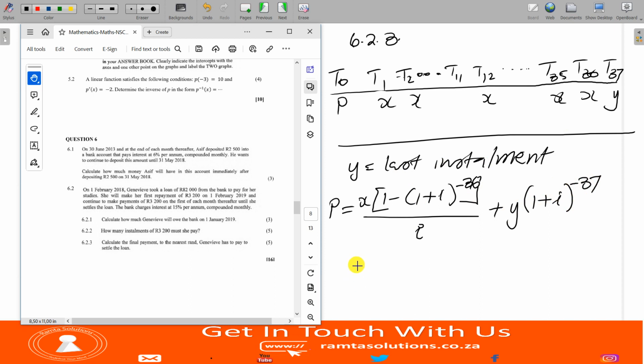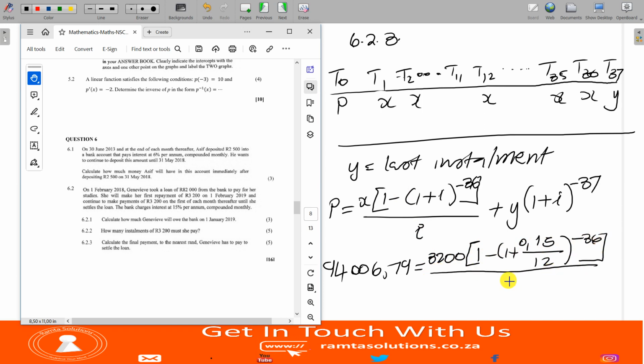Genevieve had 94,006 rands and 79 cents, which equals 3,200 into 1 minus (1 plus 0.15 over 12) to the power negative 36, over 0.15 over 12.